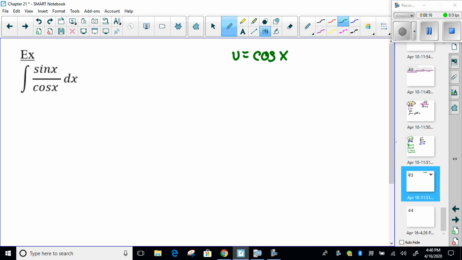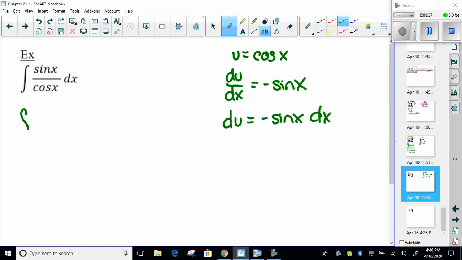Okay, and maybe I'm going to try to undo it that way. But it just kind of depends upon what you have and what you see. So therefore, u is this, so therefore du dx, derivative of cosine is the negative sine of x. So then solving that over, du equals negative sine of x dx.